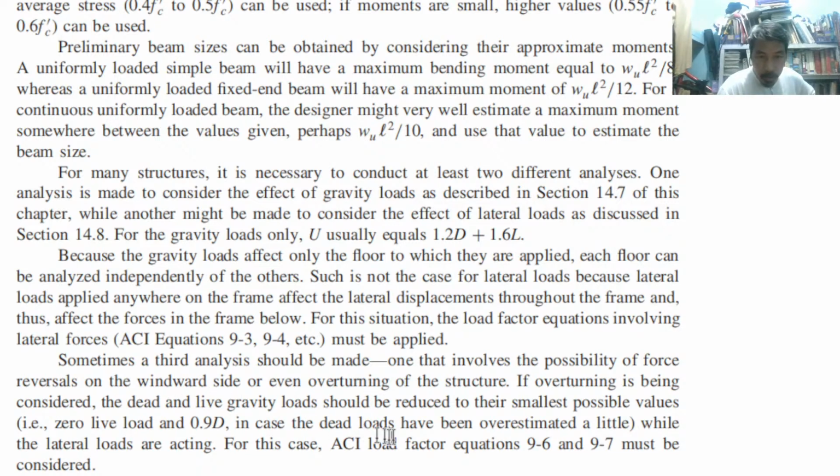While the lateral loads are acting, for this case, use ACI load factor equations 9.6 and 9.7. You know this. 9.6 is the equation with wind, and 9.7 is the equation for earthquake. I hope you already memorized those combinations of loads.